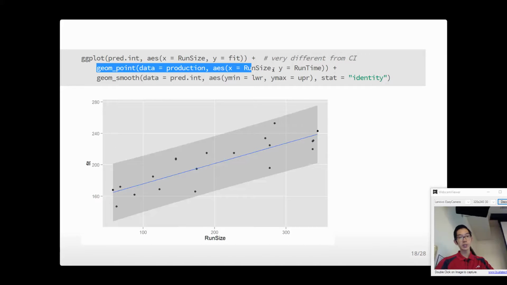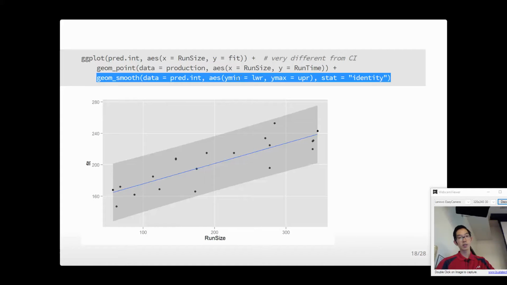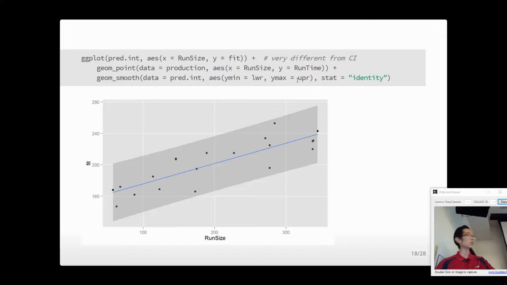We add points, the black dots here, based on our production data, but then our smooth line and the region is added using this command, where the lower and upper bounds, ymin and ymax, we use the command identity, saying I've actually calculated the values here. Don't try to do any math here.